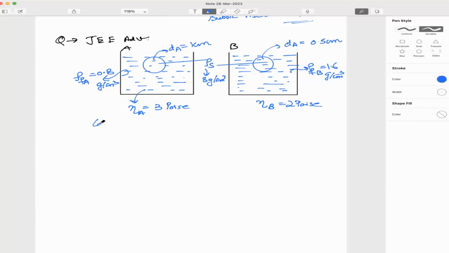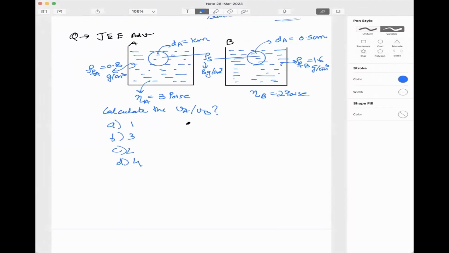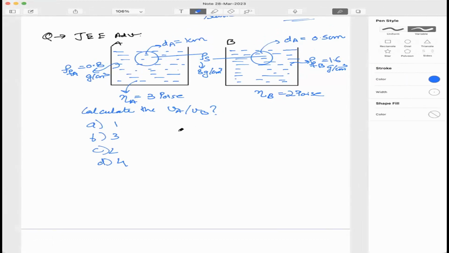So the question is to calculate VA by VB. Options are 1, 3, 2, 4. So take 1 minute and then we solve this question. Okay. So we need to find out the ratio of the terminal velocity in fluid A and in fluid B.